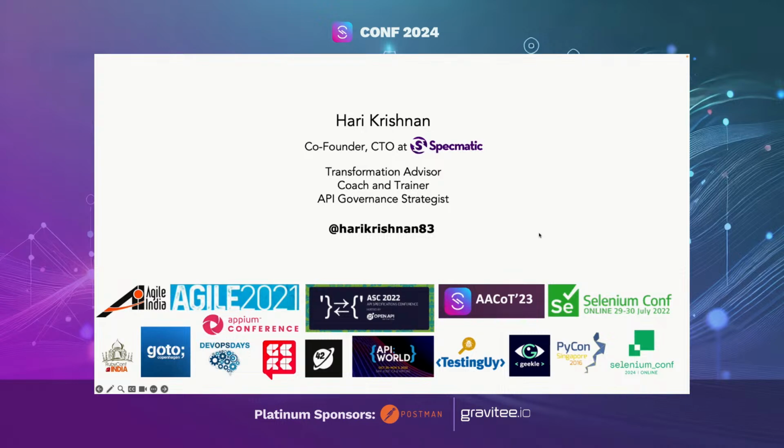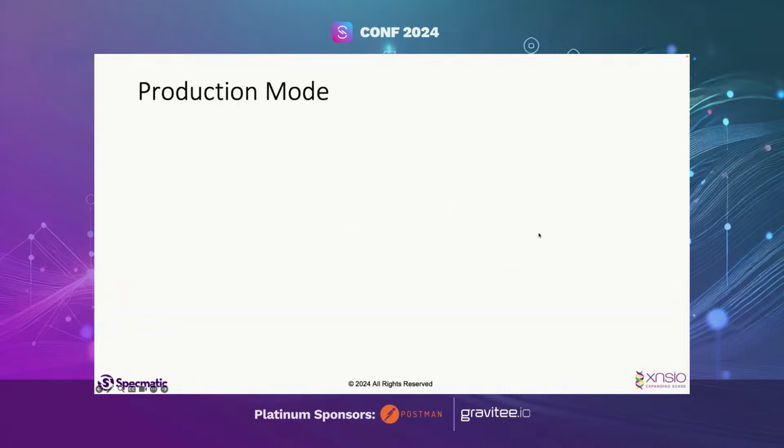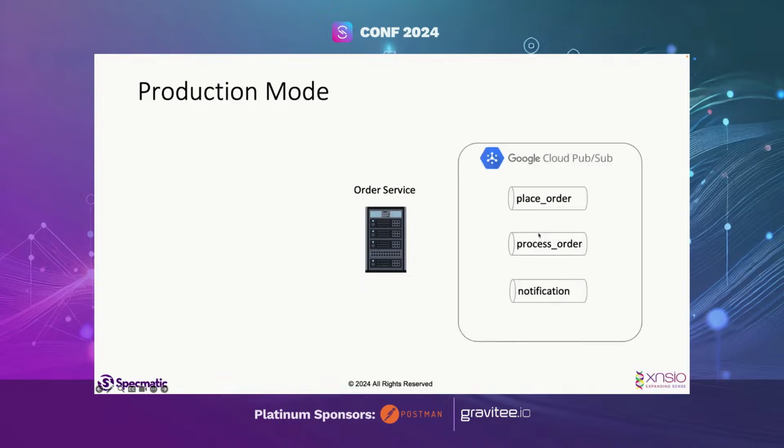Let's jump right into the topic for today. We're going to be looking at an order service which is designed to interact with a few topics on a Google PubSub cloud.